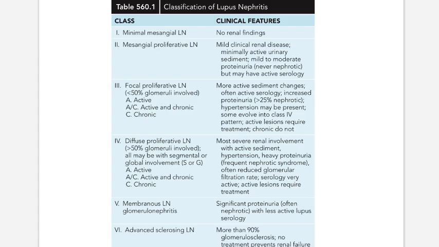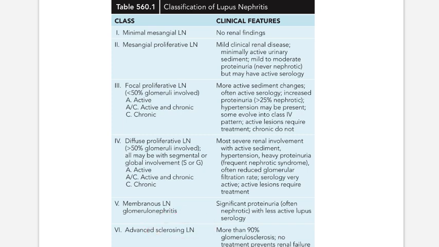Second, mesangial proliferative. Third and fourth, focal proliferative and diffuse proliferative. Fifth, membranous glomerulonephritis, and sixth is advanced sclerosing lupus nephritis.